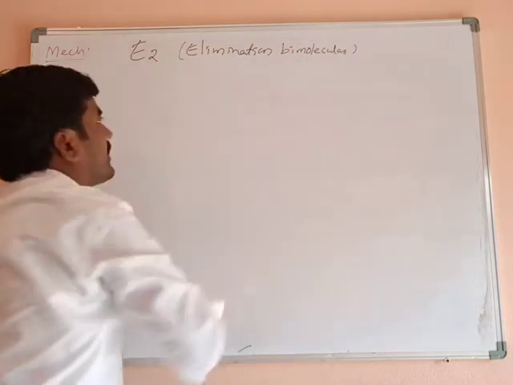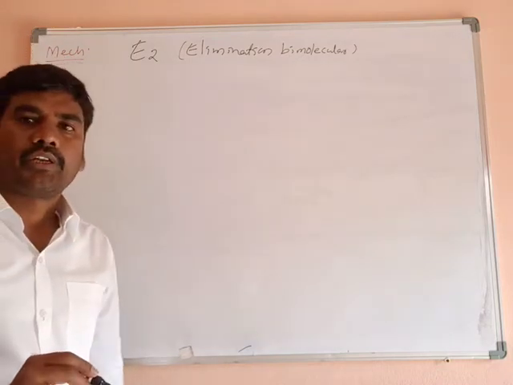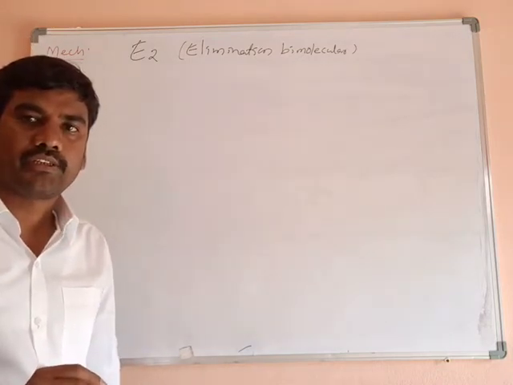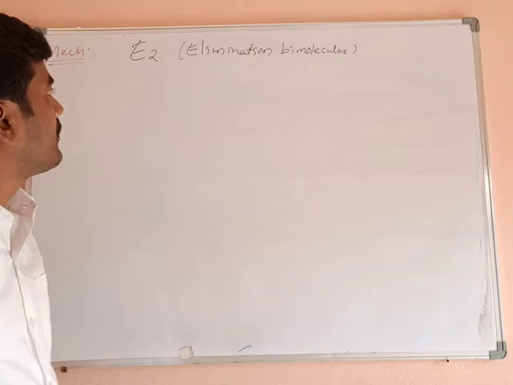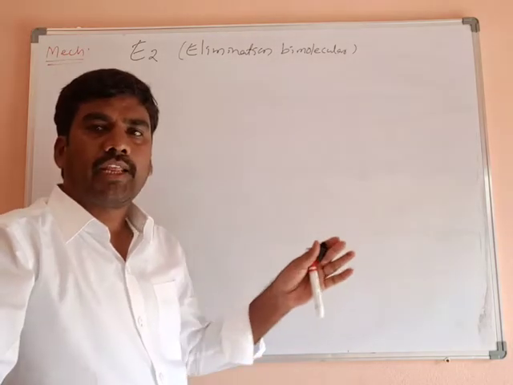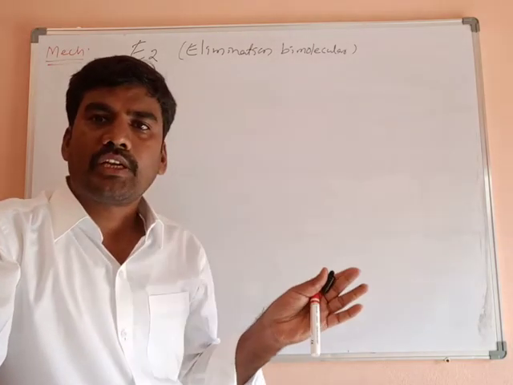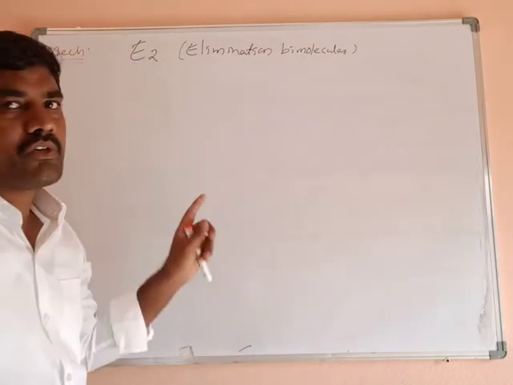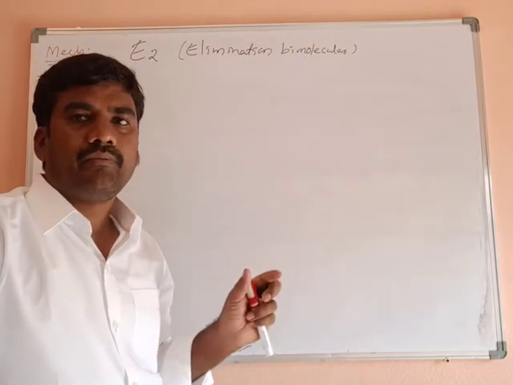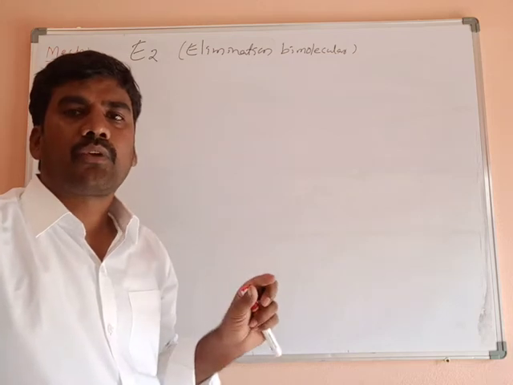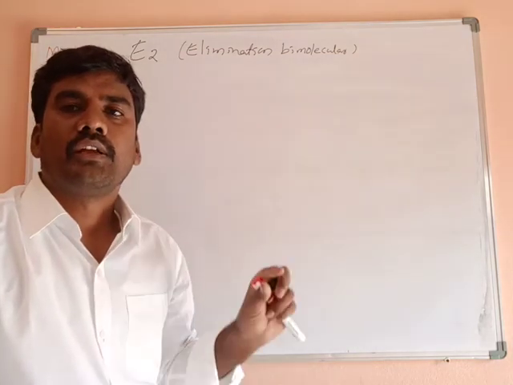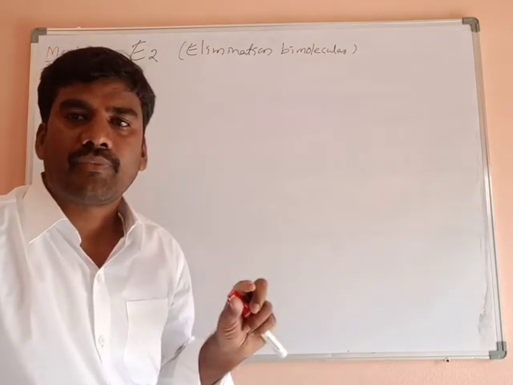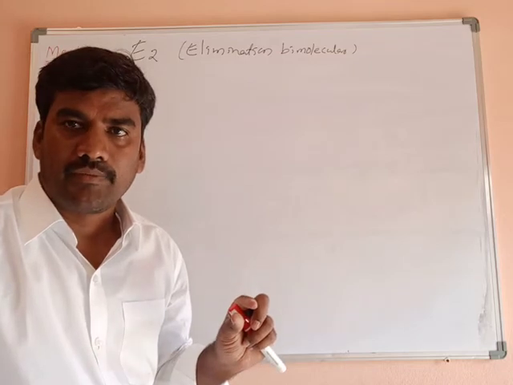It's similar to the SN2 mechanism, which we have already discussed. In SN2, one nucleophile attacks from the side opposite to the halogen, and the leaving group leaves on the other side. Here it is related to that, but not exactly the same. Here the hydrogen atom and halogen atom both leave the substrate and form an alkene.